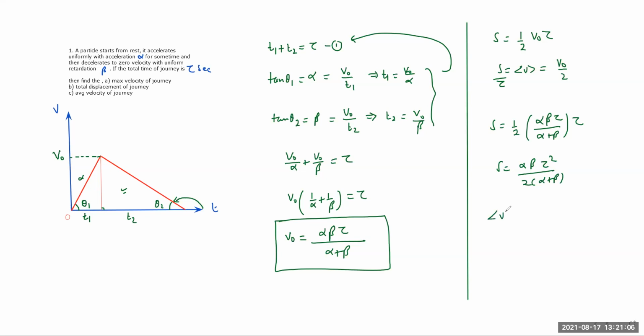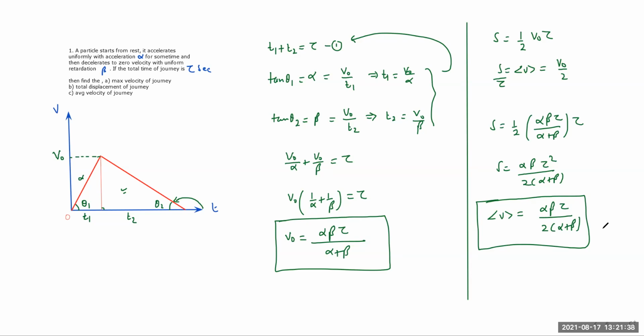And the average velocity is half of V naught, so that's alpha beta tau by twice alpha plus beta. So now we have all answers. Is it difficult? Is this clear, guys? Tell me.